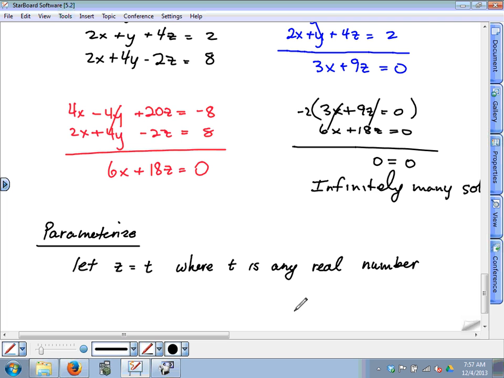So we're going to let z act as an independent variable. It's going to equal t, where t is any real number. But the values of x and y depend on what we choose for z, or t in this case.